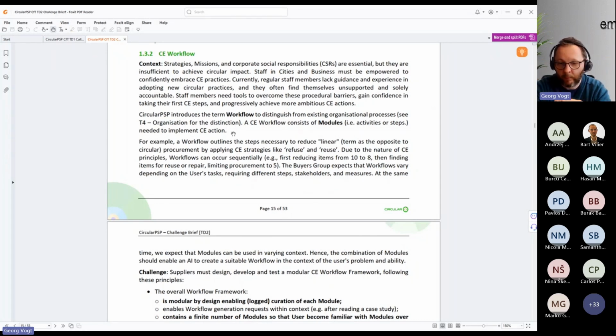No, business canvas is always the same. Everybody always uses the same. In this case, whatever. It might constitute one of the modules, and it is now for you to define which modules will I need, and how will the workflow be created when a user says, from this case study, I want to make a workflow and do it.